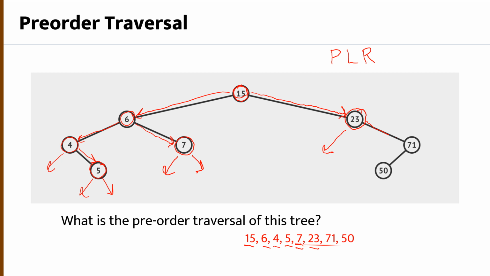So now we'll look at 23's right, and we'll immediately print out this value, which is 71. We will now traverse left from 71 and print out the number that we see, which is 50. And then from 50, we go left and right, there's nothing there. So we're going back up to the 71, we go right, there's nothing there, and so on. And so this is how you get this pre-order traversal right here.